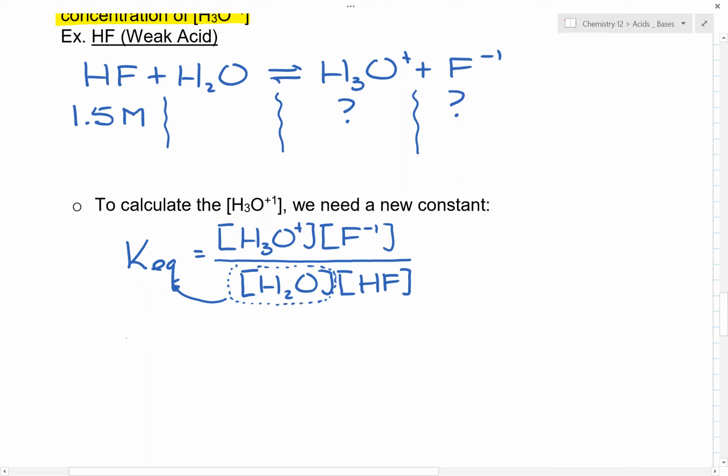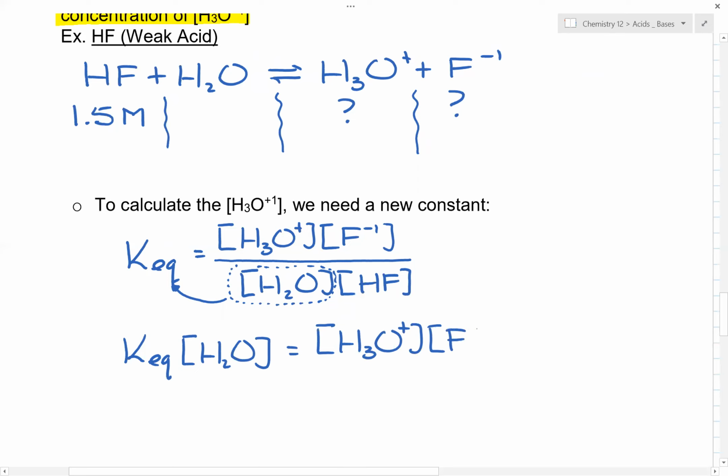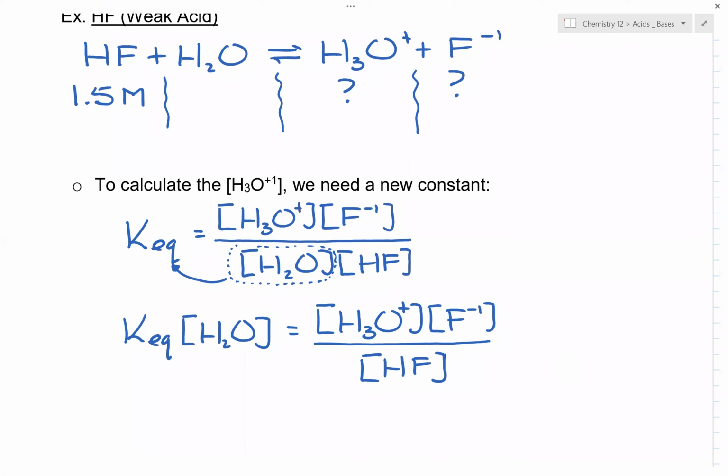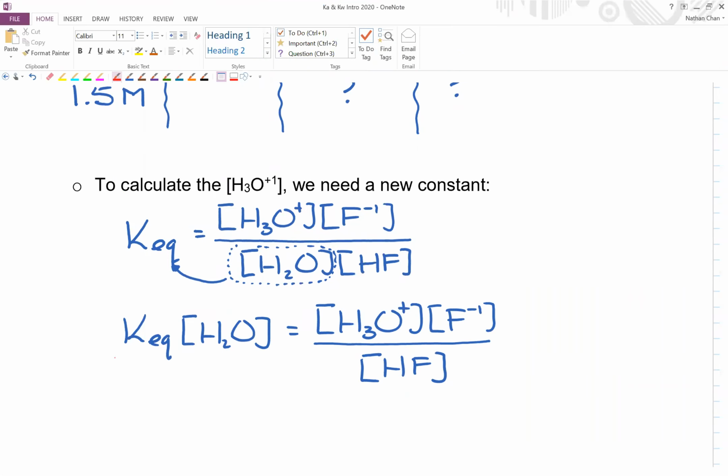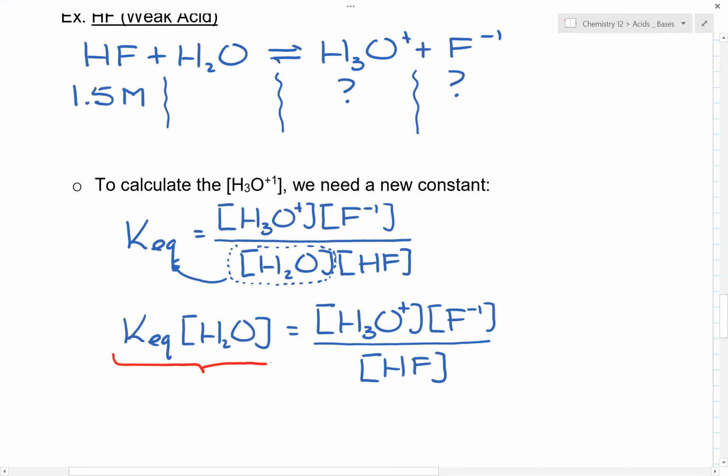So Keq times the concentration of H2O is equal to the concentration of H3O plus times the concentration of F minus 1, all over the concentration of HF. And since we're talking about a weak acid dissociating to form ions, this combination we call Ka.